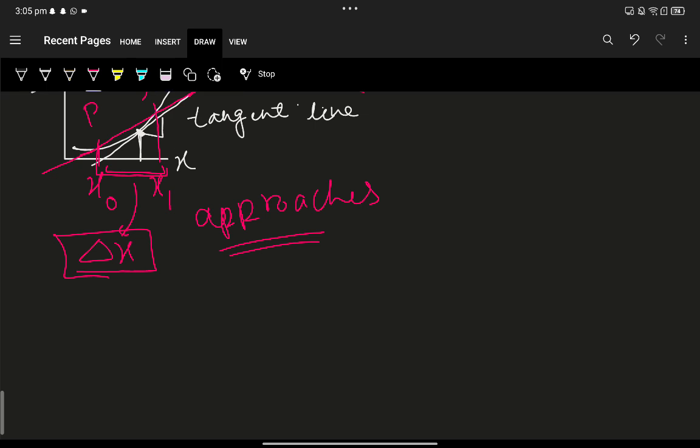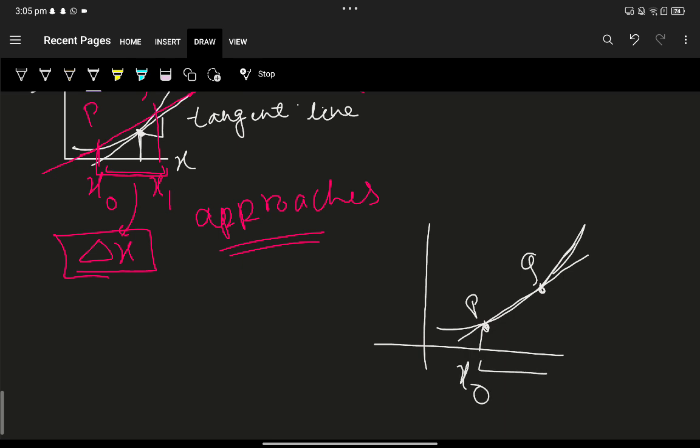If I redraw it something like this, this is the hyperbola, and if you're familiar, the graph is of x square. It is a hyperbola, and if I draw this secant line, it meets at this point and this point. This is p, this is q, this is x naught, and if I consider this change in the values as delta x right over here, the second point will be x naught plus delta x, right?